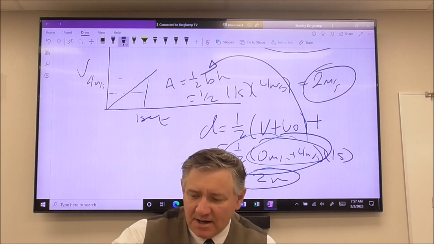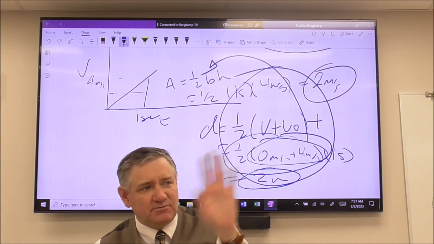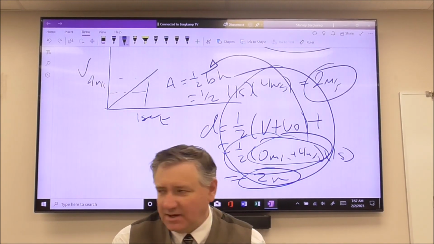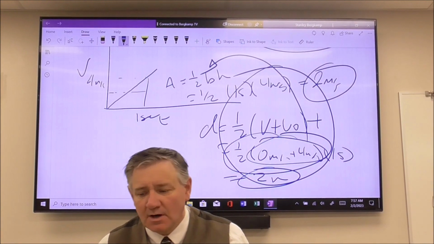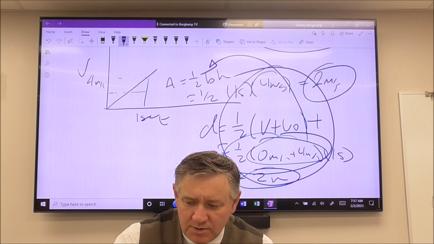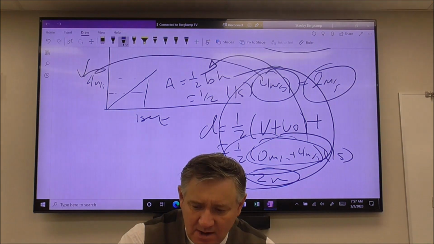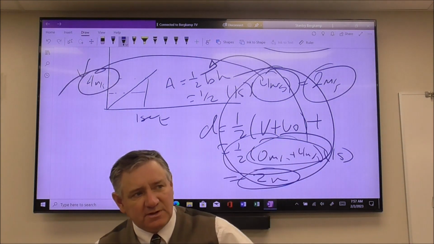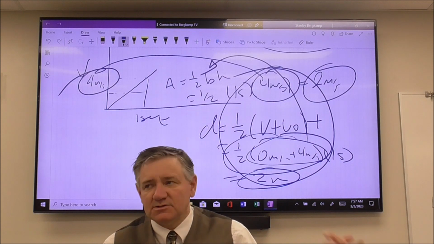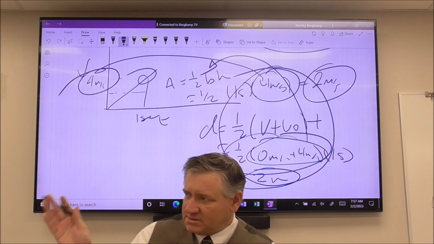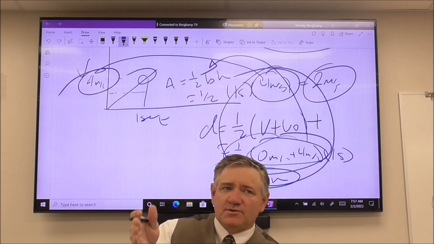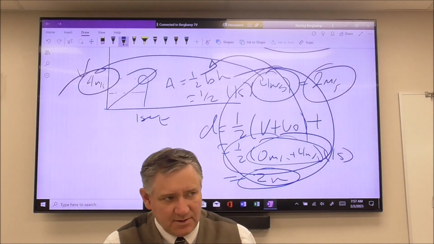Now, ironically, I wouldn't recommend that you use either of those methods. And here's the reason why. You are using a value that you found previously of 4 meters per second. So if you screwed up the calculation at 4 meters per second, then your answers are going to be wrong from there on.